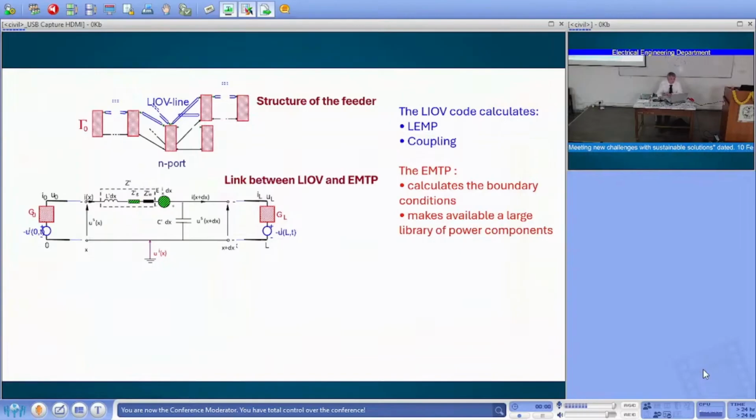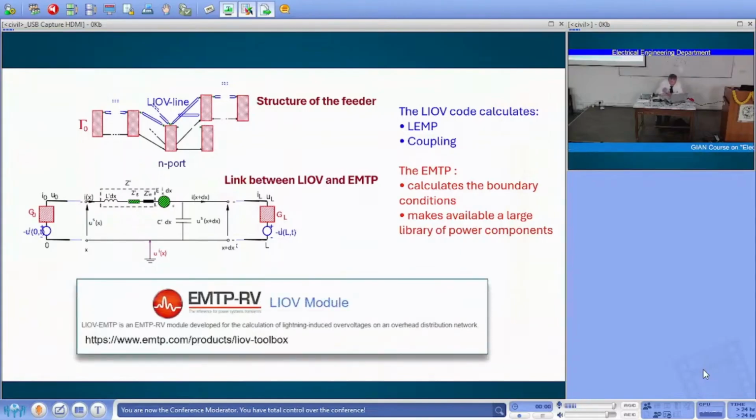That is the typical simulation environment for transients, and so we can use all the components, surge arrestor and so on, available in the library of EMTP. And this is also our LIOV module, that is the module of the line illuminated by the lightning.